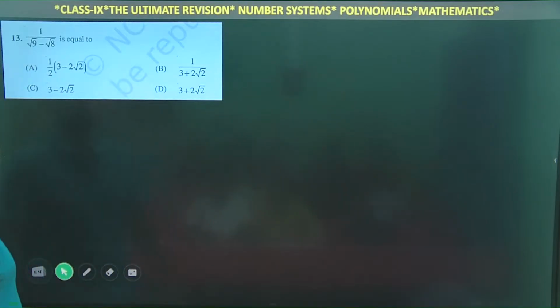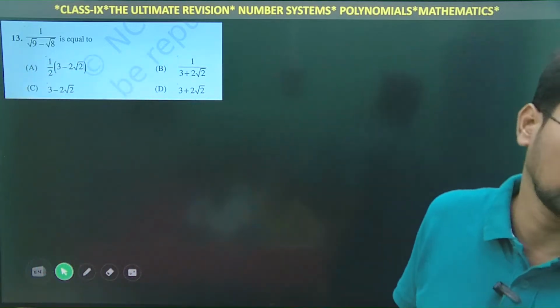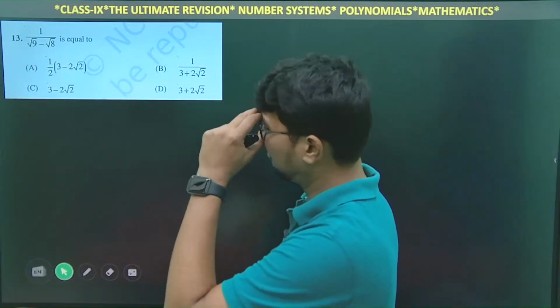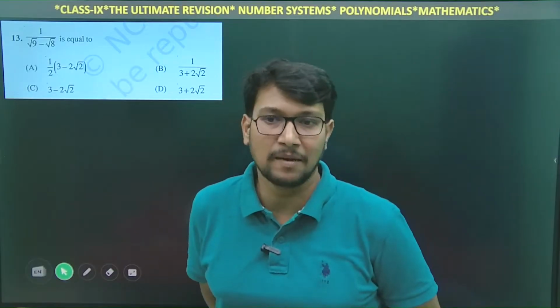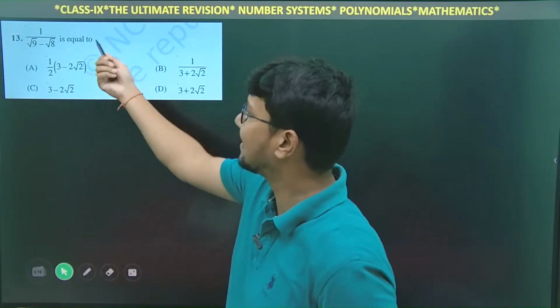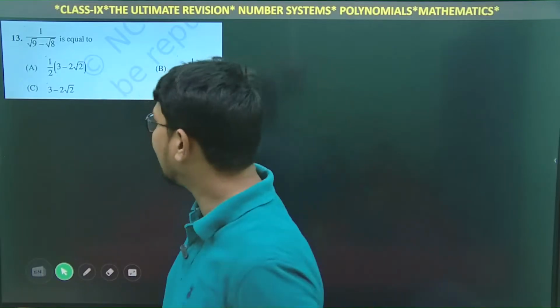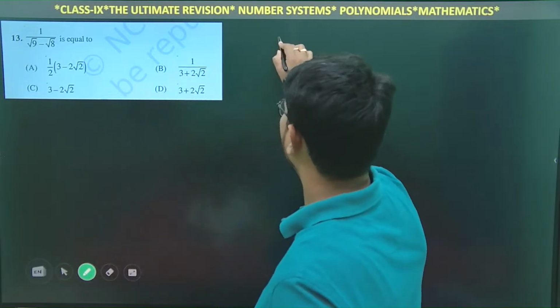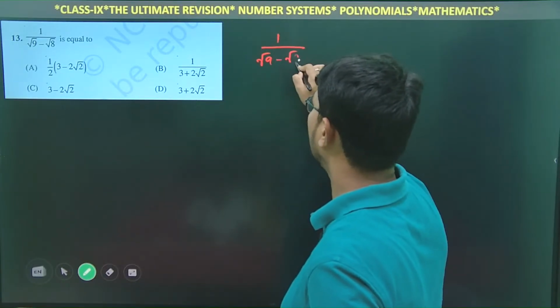Check this. What is 1 by square root of 9 minus square root of 8? You have to rationalize this. First let us simplify. It will become 1 by square root of 9 minus square root of 8.